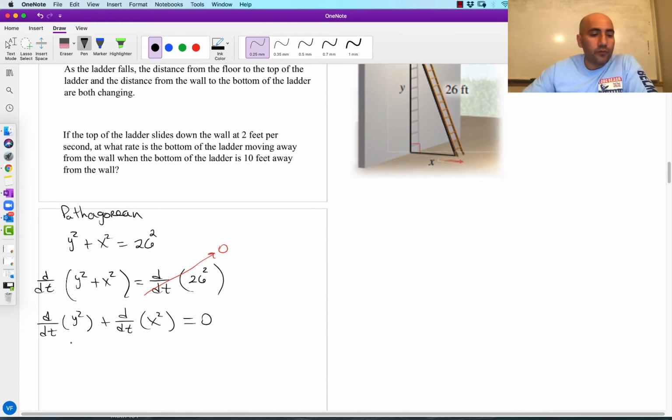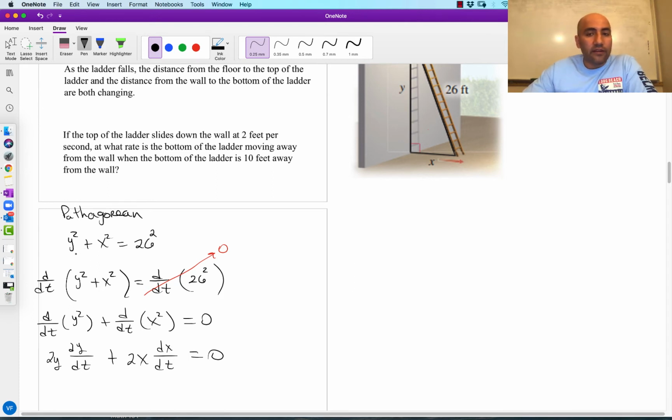And now the derivative with respect to time of the variable y squared, we know through implicit differentiation that this is going to be equal to 2y and then dy dt plus, and now again from implicit differentiation, we know that this is going to be equal to 2x and then dx dt equals 0. So now we have a new equation.